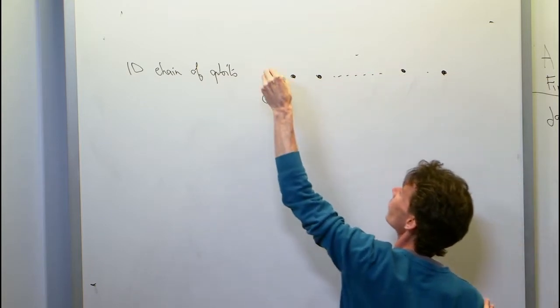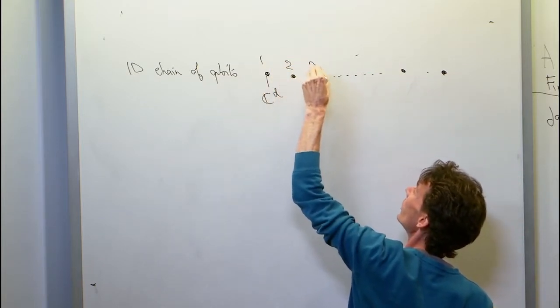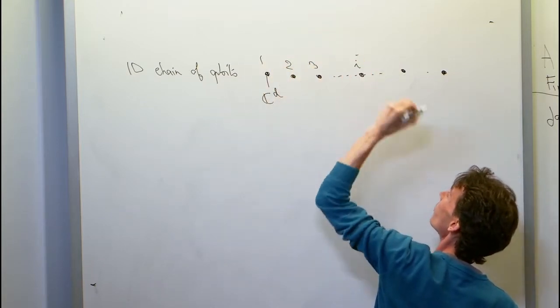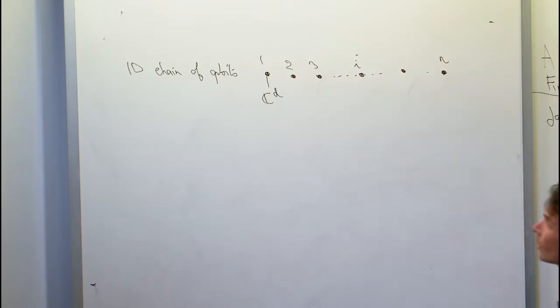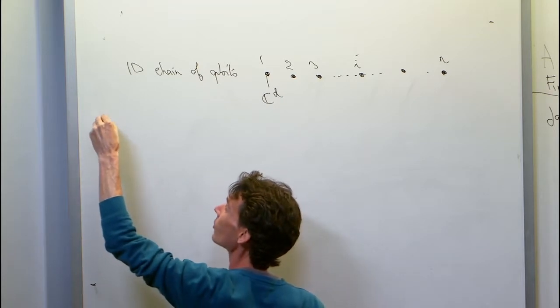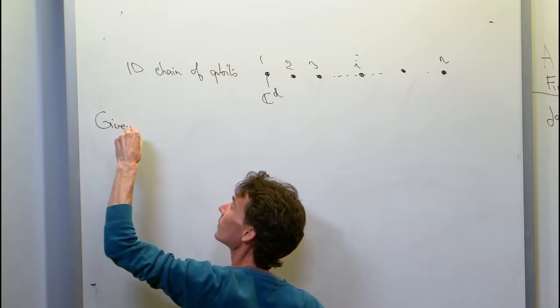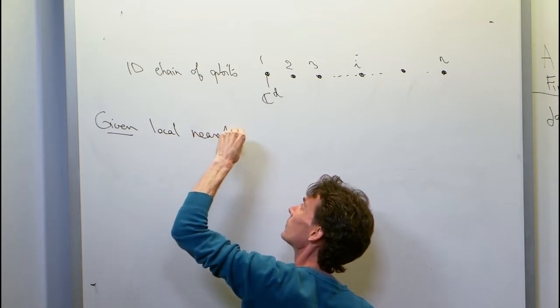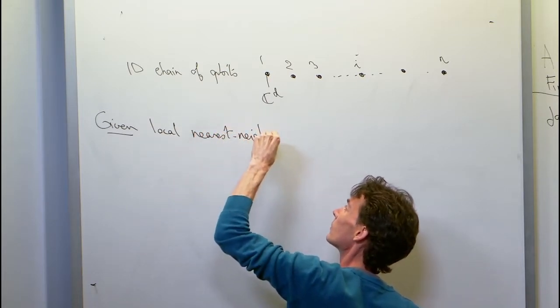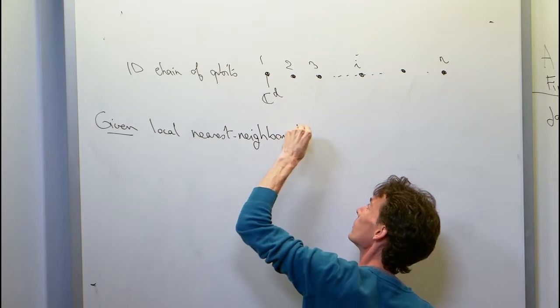So I label them from 1 to n: 1, 2, 3, in general one in the middle I might call i, and then up to n. So that's our space. And on that space, we're given a local nearest neighbor Hamiltonian.